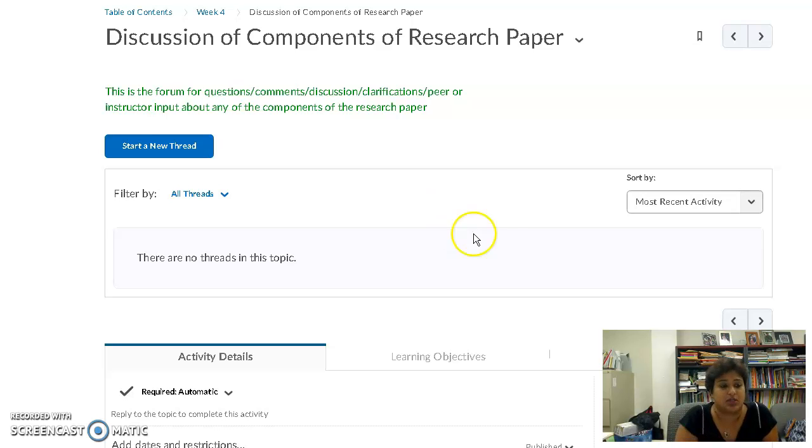You can discuss your research question, purpose, hypothesis, introduction, all of those things on this discussion board. This is not a discussion board for you to copy paste your whole introduction and ask me to edit it. It is to ask questions as you are writing your introduction or your research question. I am not going to be grading this over and over again.